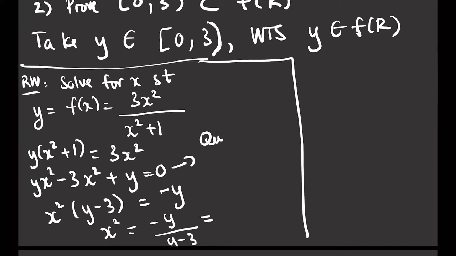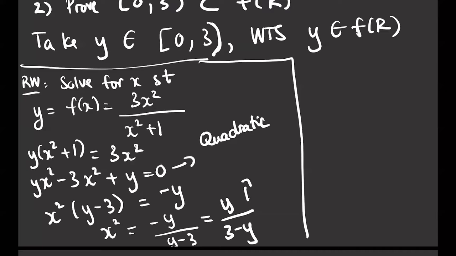You can use the quadratic formula for this as well, but I'm more into factorizing it. And I multiply negative 1 to both numerator and denominator. So I get something like this.